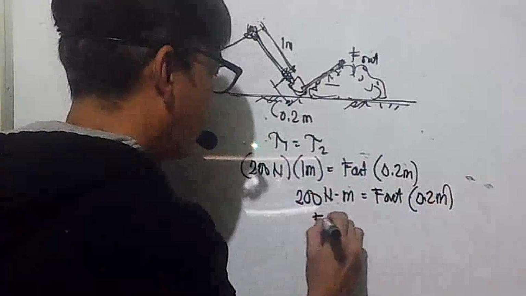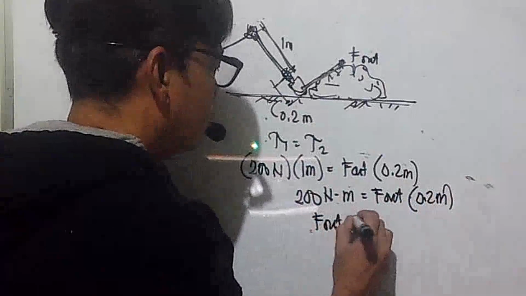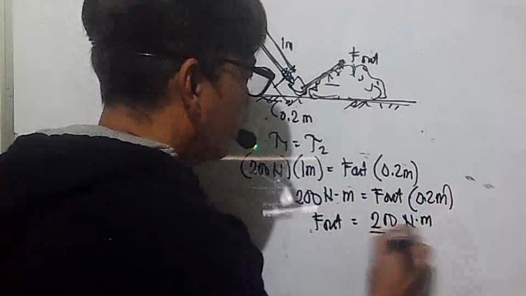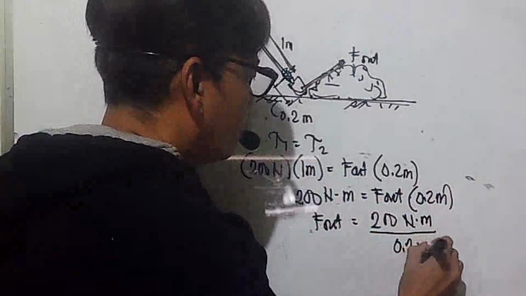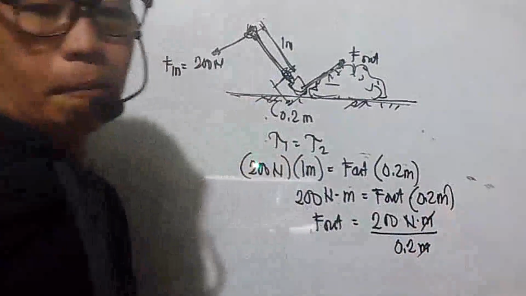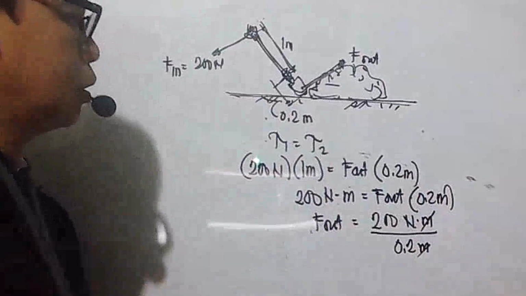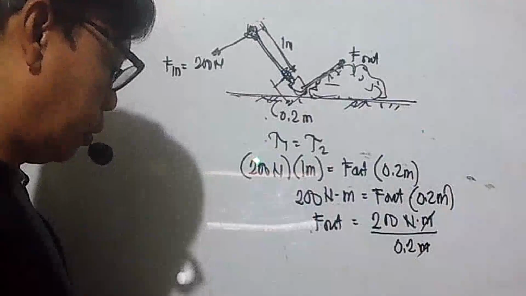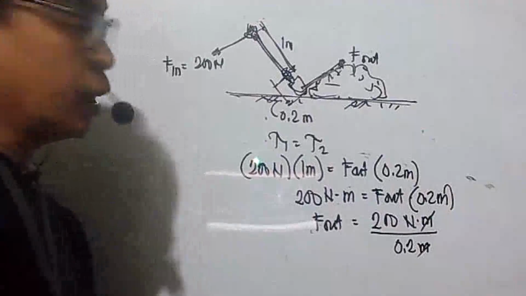Okay, so solving for the output force, that will be equal to 200 Newton meter divided by 0.2 meters. So we cancel the unit. And then we're going to divide now 200 divided by 0.2. So you get 1,000.